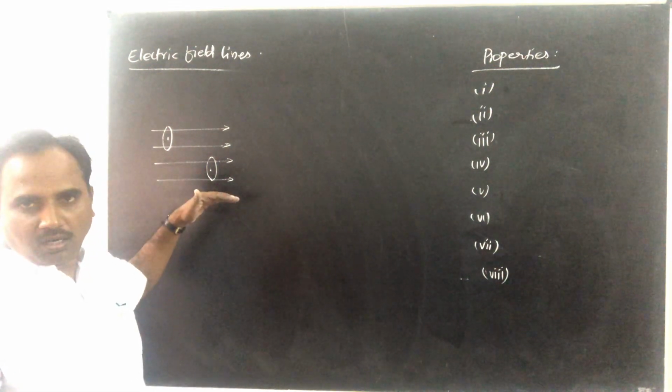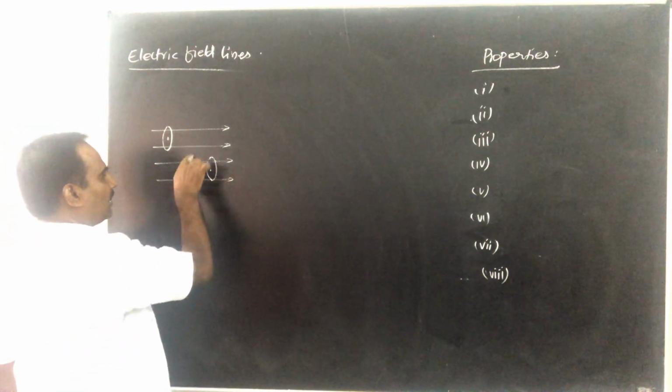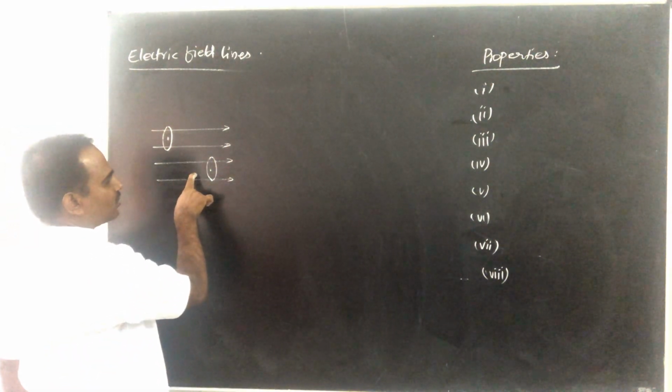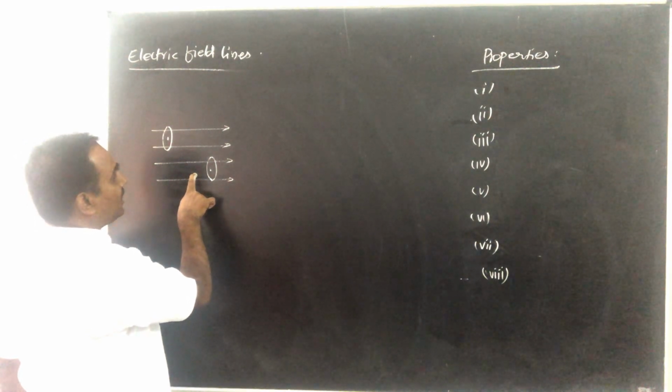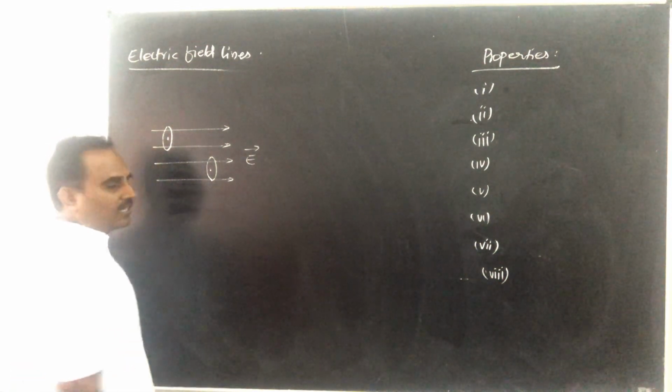For that matter, everywhere here, the number of electric field lines passing normally through a given area is the same. Therefore, this type of electric field is called a uniform electric field.